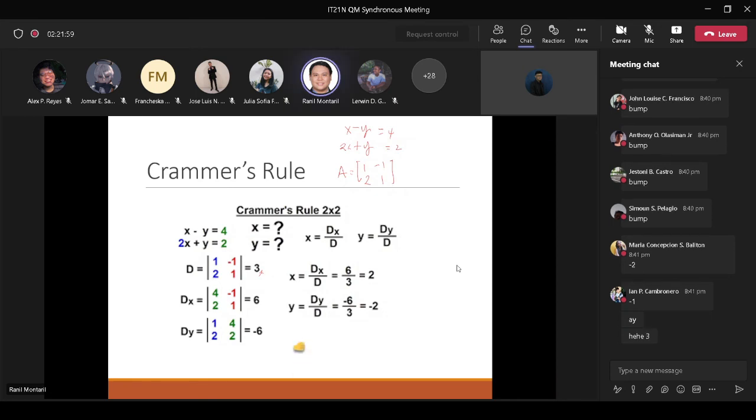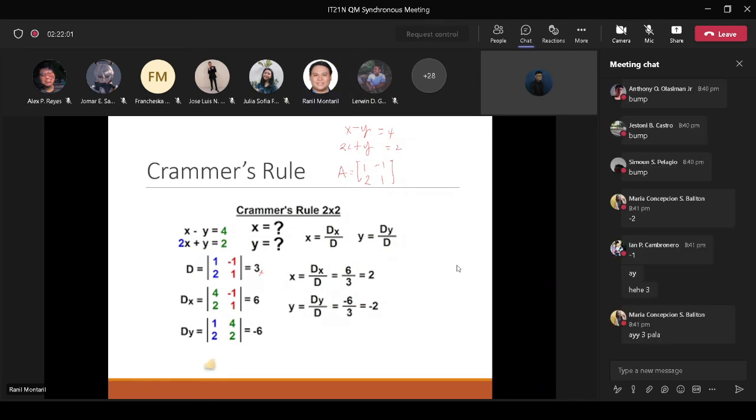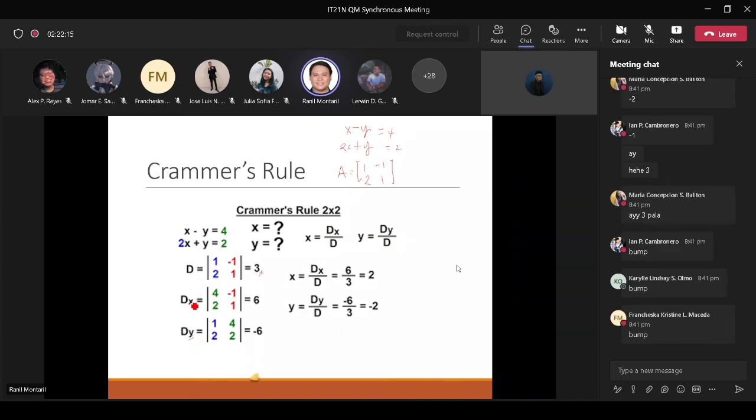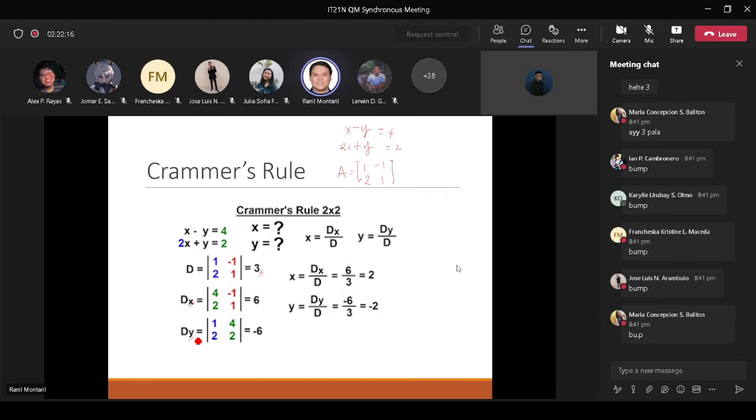Tama, guys? Okay? Nakuha? Bump kapag nakuha naman? Or in reactions, please? Okay? Now, how to solve for x and y? So first, we have to get the dx and dy. Kung ilan yung variable mo, kunin natin yung determinants along x, determinants along y. How to do that?